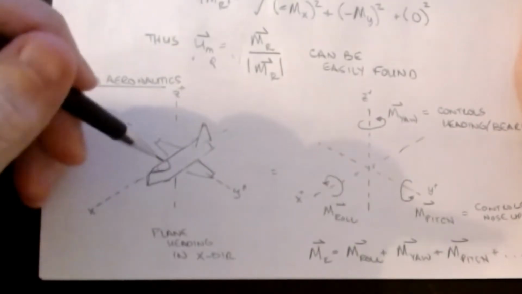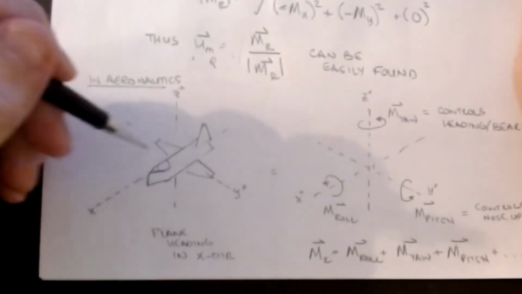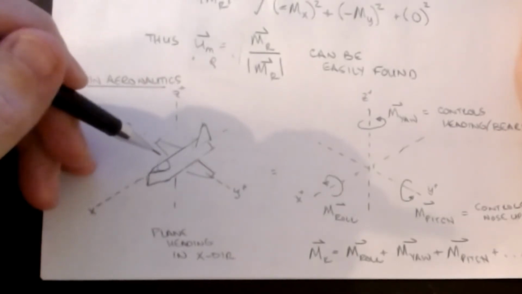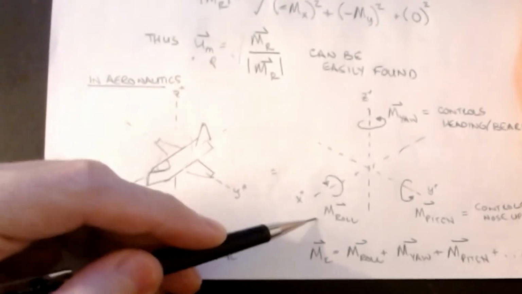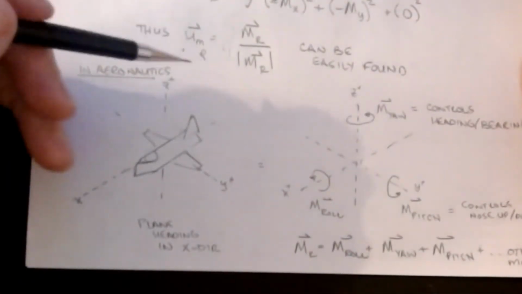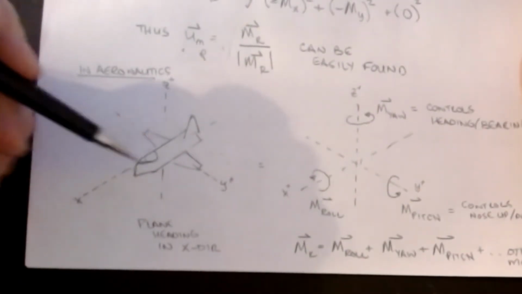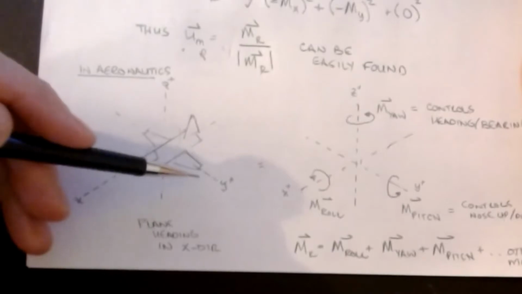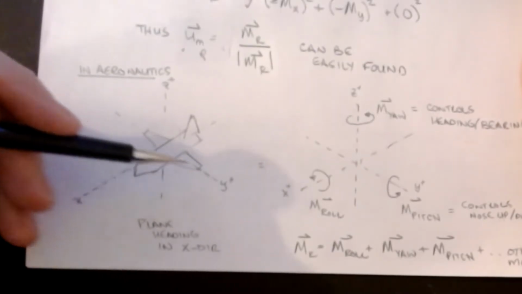There are three different values necessary to maintain control of the plane. There's the ability to rotate about the x-axis, known as the roll. There's the ability to control which direction it's heading, which is a moment about the z-axis, called the yaw.